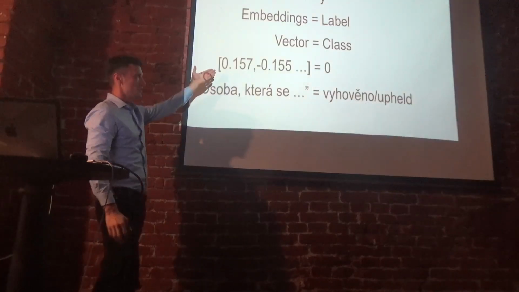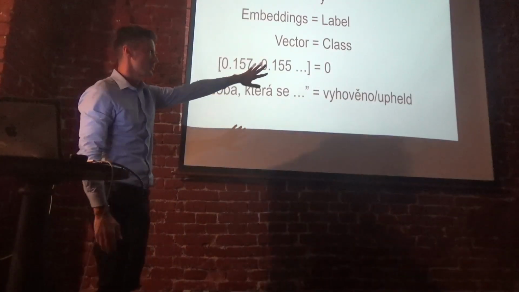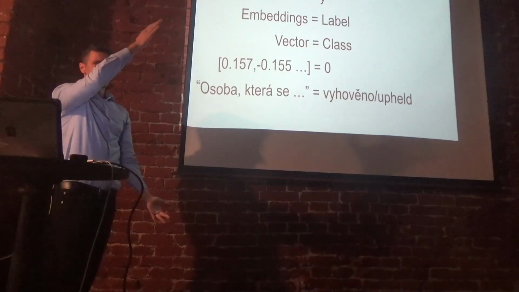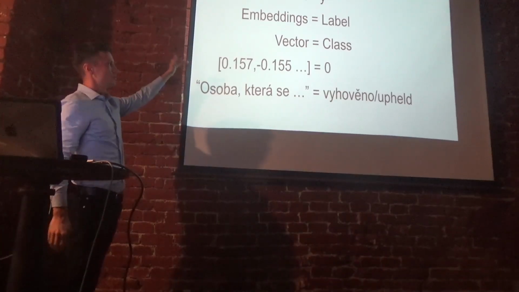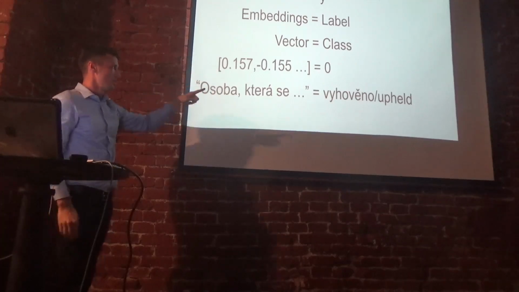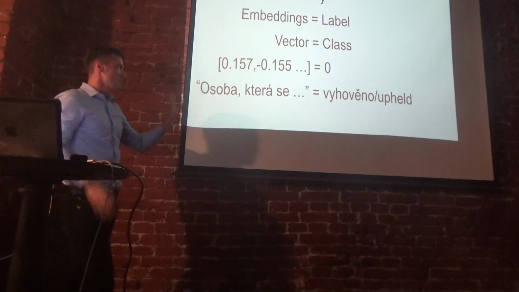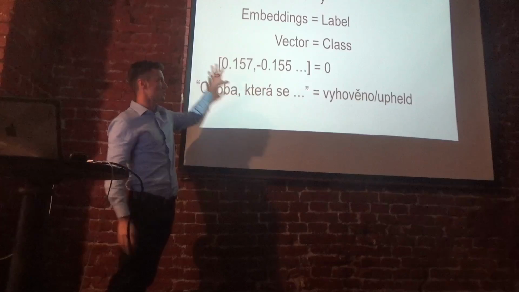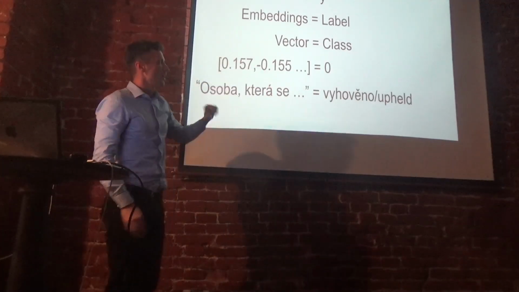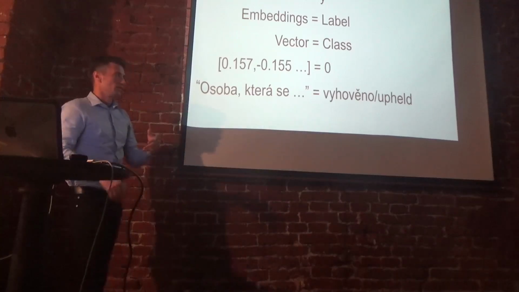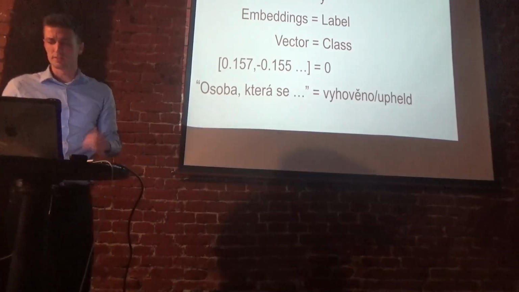If it is this vector, it should be 0. And I have a lot of examples. Basically, I have a table with rows of vectors and labels. The simplest form is that I have text, which is the same in the embedding space as this vector, and whether it is granted, upheld the decision or not.